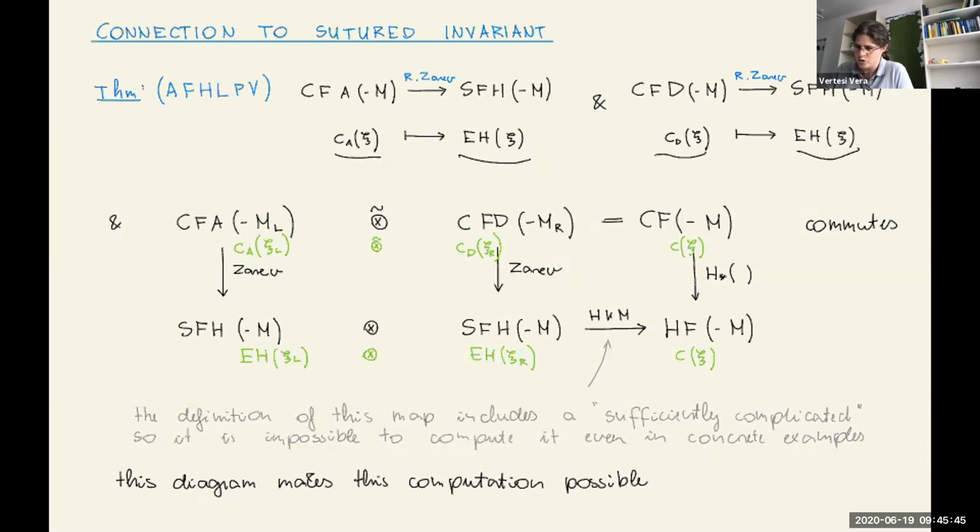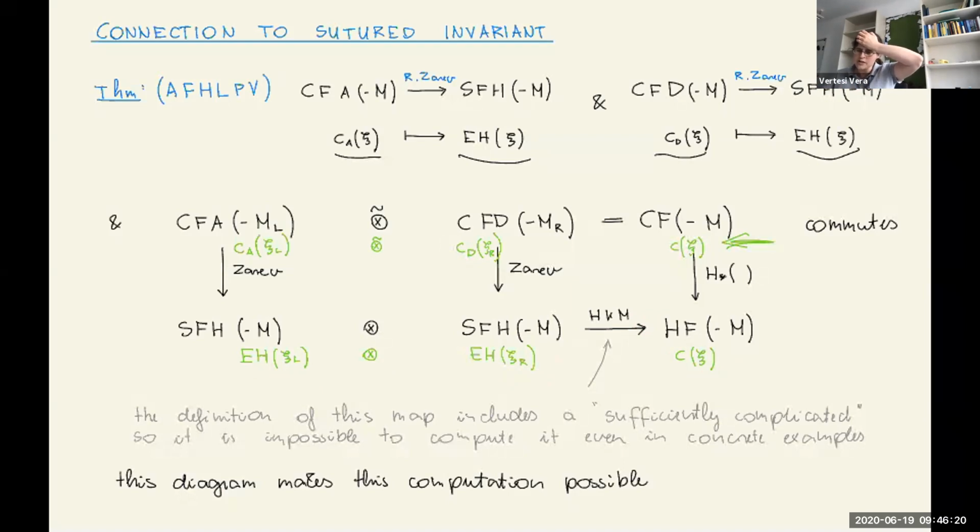Meaning that the contact invariants tensor together to give the contact invariant of the closed manifold, and then each of them, just by the previous lemma, maps into the sutured manifolds, and then there is this map of Honda, Kazez and Matić, which maps the tensor of these sutured invariants injectively into Heegaard Floer homology, and everything commutes in this diagram, whatever is drawn.